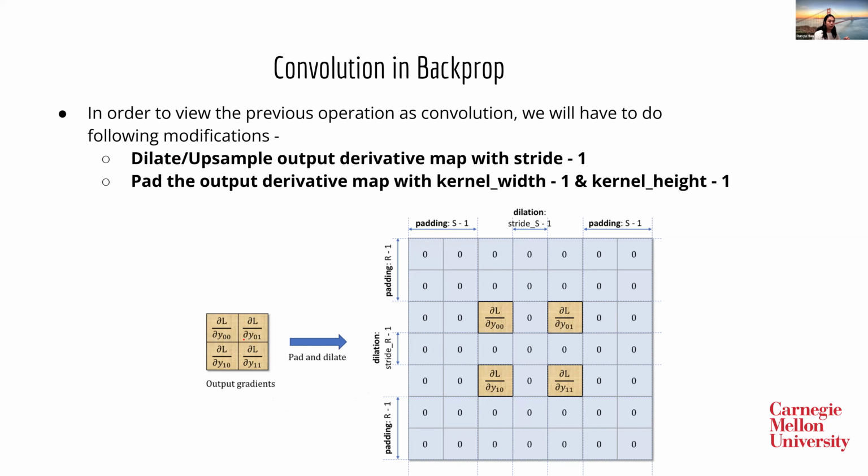Because when we are using a stride larger than 1, we dropped many intermediate values for the output itself in the forward pass. And when we are running the backward pass, we need to fill those dropped positions with zeros, these pseudo gradients, to maintain the shape.